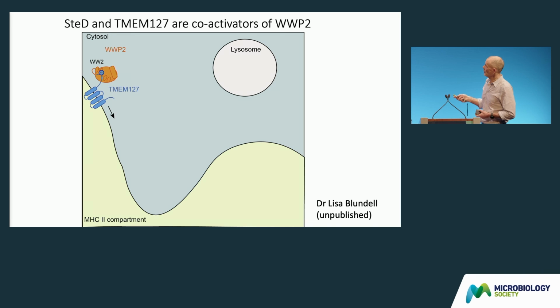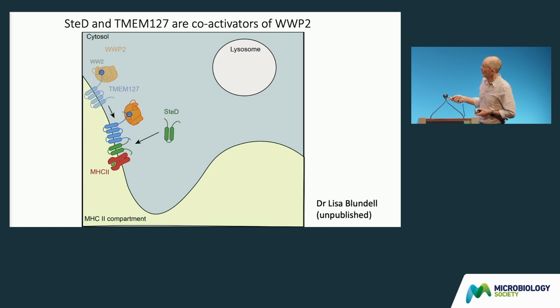But these two proteins, WWP2 and TMEM127, can interact, and presumably there are other endogenous targets for this complex that we don't know about. They are bridged by STED when it's present.